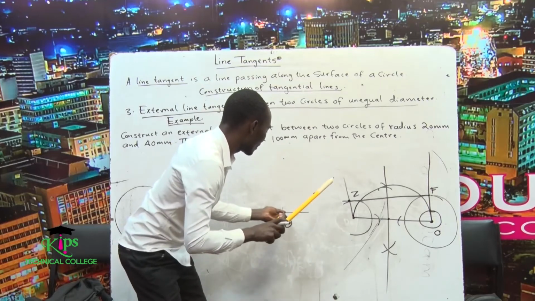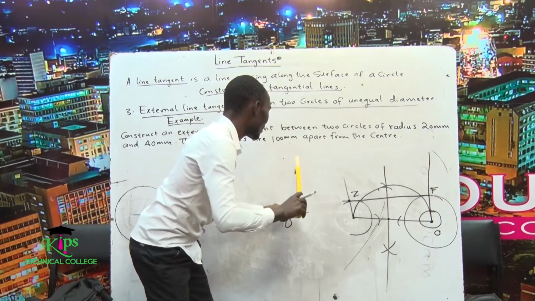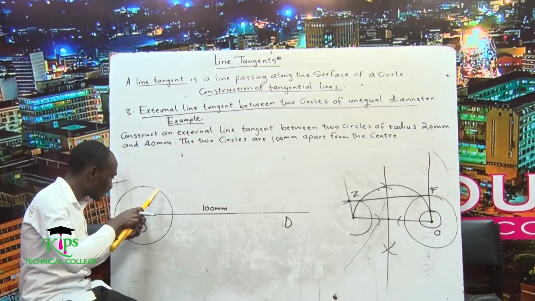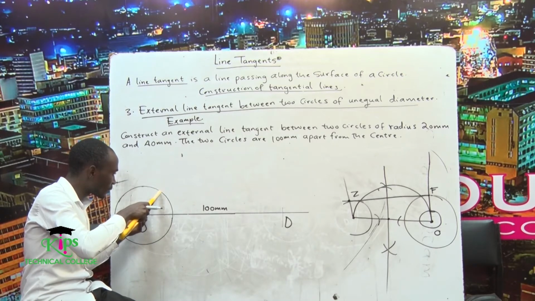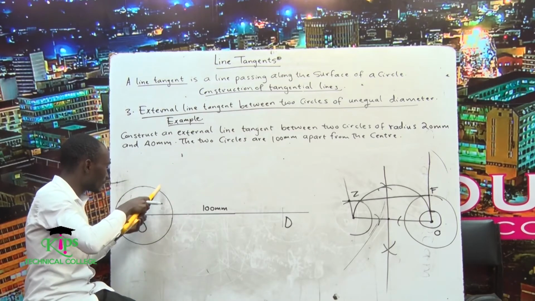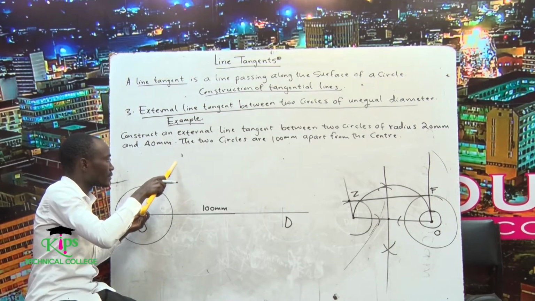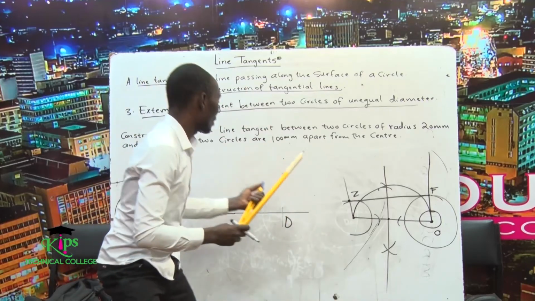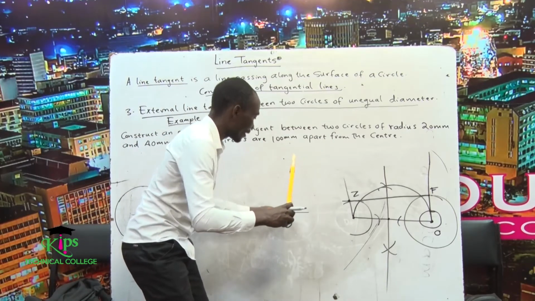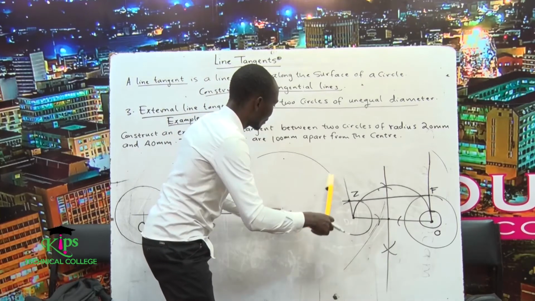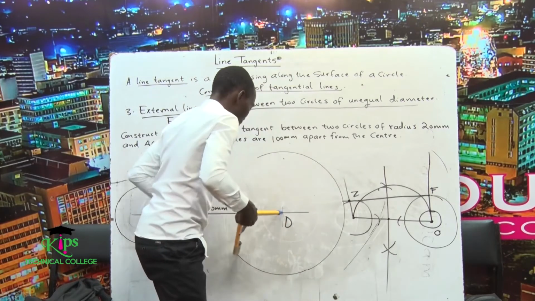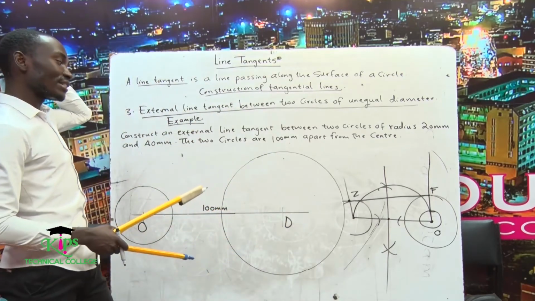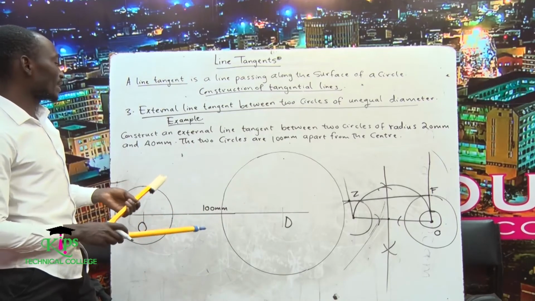So standing at D, let me draw a circle of 20 millimeters. This is 20. After measuring 40 millimeters from my ruler, I should draw another circle. Now this circle is 40 millimeters in radius.